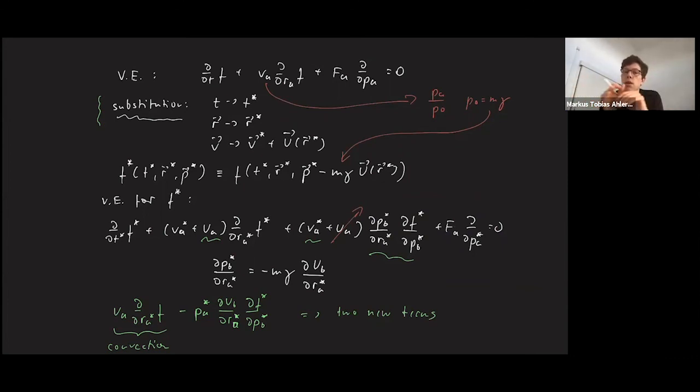And so in preparation of what we are going to talk about tomorrow, cosmic ray acceleration, we have to introduce this additional adiabatic loss term, which accounts for the gradient of the velocity field.